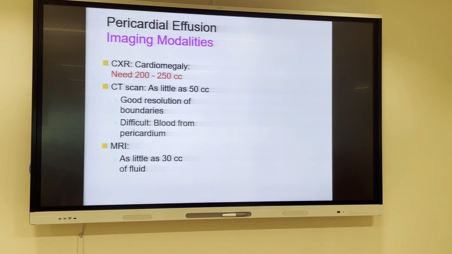You examine the JVP, it's all the way up here. You listen to his lungs and there are no crackles. You expect him to be very congested, but he's absolutely not congested, but very sick. So this patient has what? Tamponade. So what are the findings of tamponade on physical exam? Elevated JVP with clear lungs.